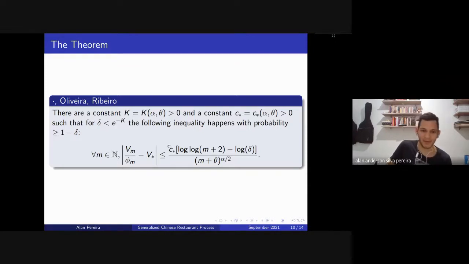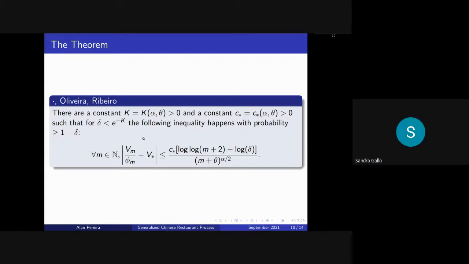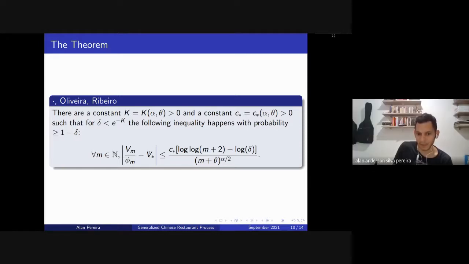And the concentration result says that for all times, the normalized number of tables is near the limit. And the limit itself is a random variable.